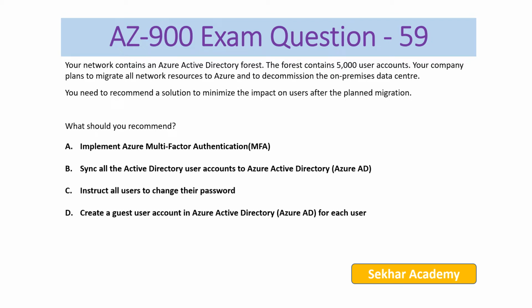You need to recommend a solution to minimize the impact on users after the planned migration. What should you recommend? Options: A. Implement Azure multi-factor authentication. B. Sync all the Active Directory user accounts to Azure Active Directory. C. Instruct all users to change their password. D. Create a guest user account in Azure Active Directory for each user.